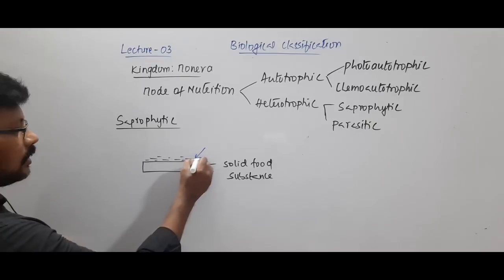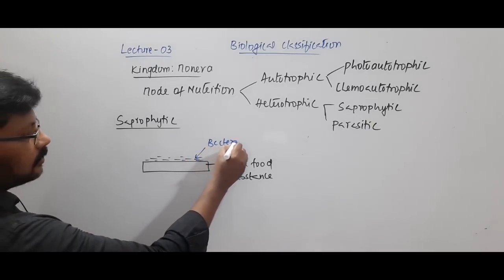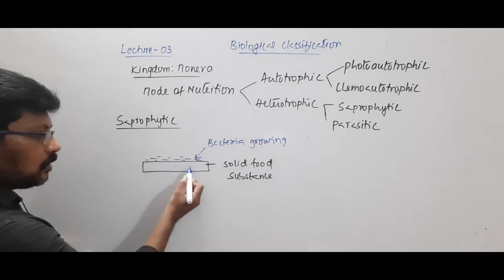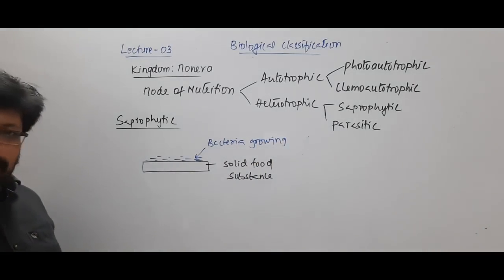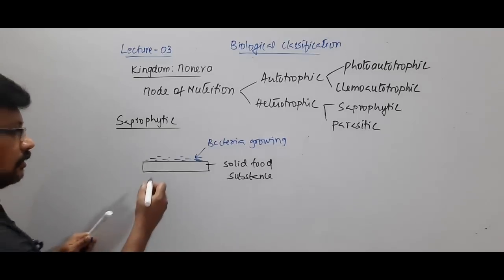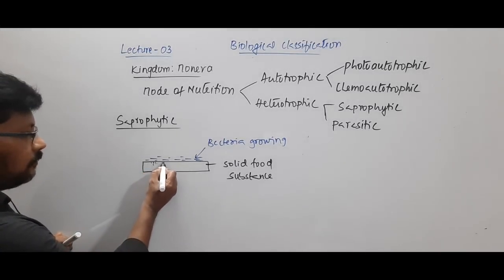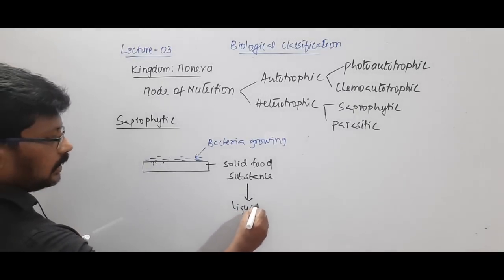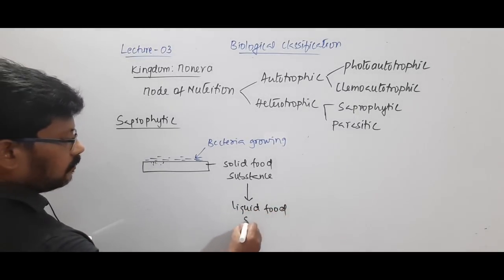The bacteria growing on the solid food substance release enzymes onto it, and because of this, the solid food substance gets converted into a liquid food substance.